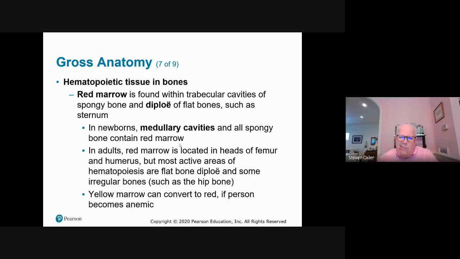In adults, the red bone marrow is located, as I said before, in the head of the femur, the head of the humerus, and also in your hip bones. Yellow bone marrow can sometimes convert into red if the person needs blood. Say you are anemic, sometimes your yellow bone marrow can turn into red bone marrow. But remember, the red bone marrow is in spongy bone.